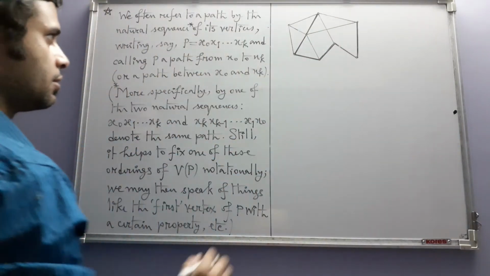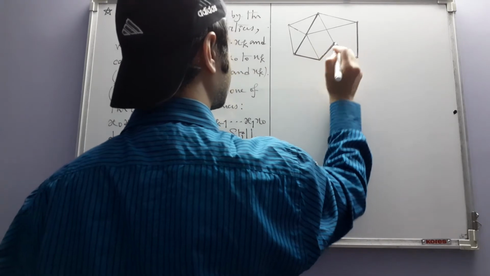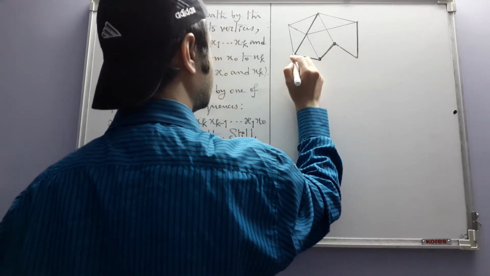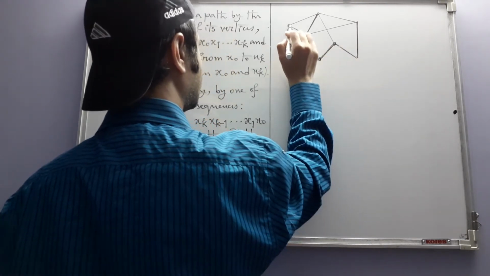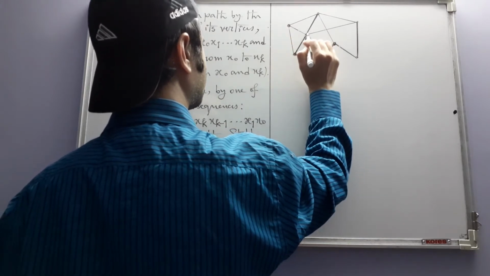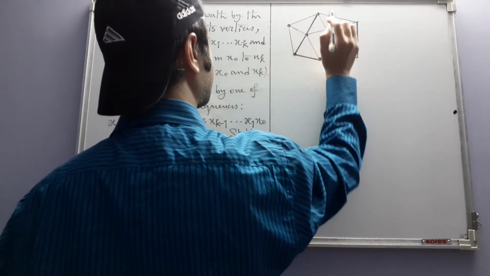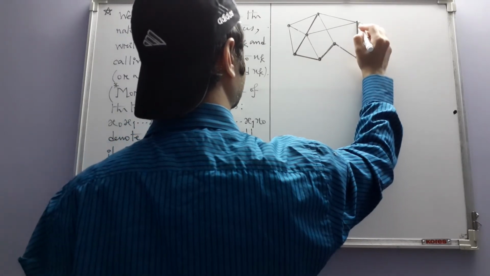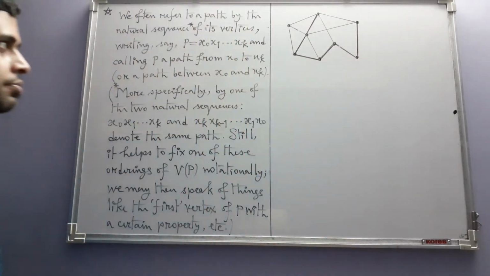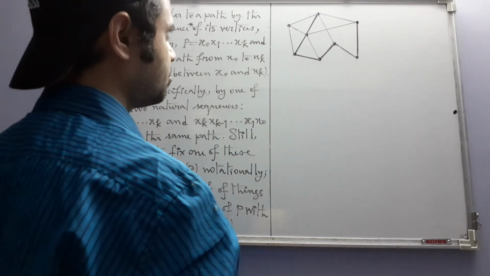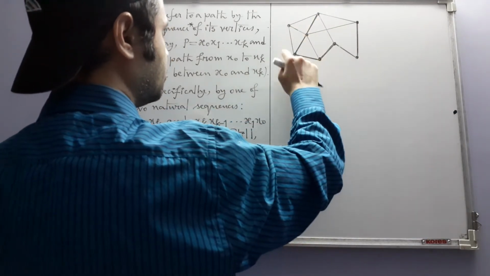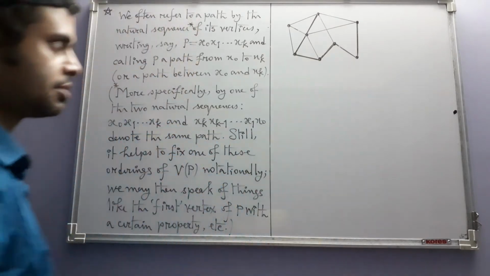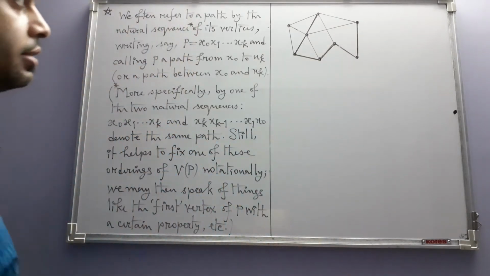Okay, so this is a graph. Let me make the vertices more prominent. So there are 1, 2, 3, 4, 5, 6, 7, 8 vertices, and you can see the edges.